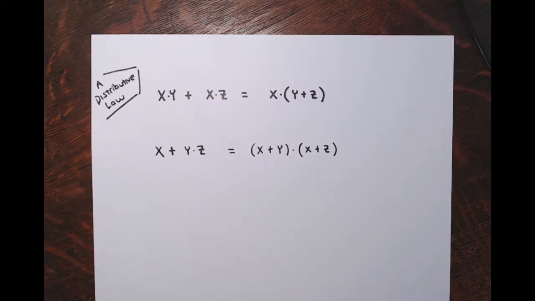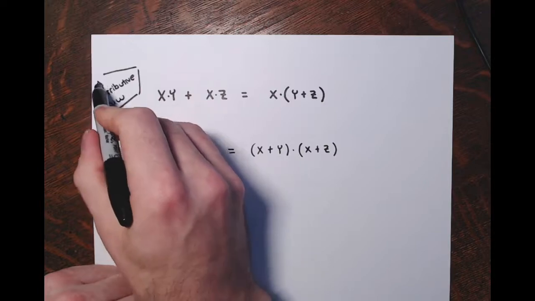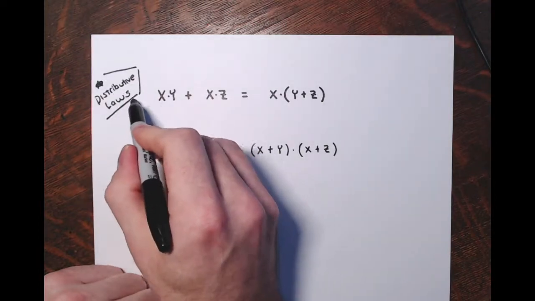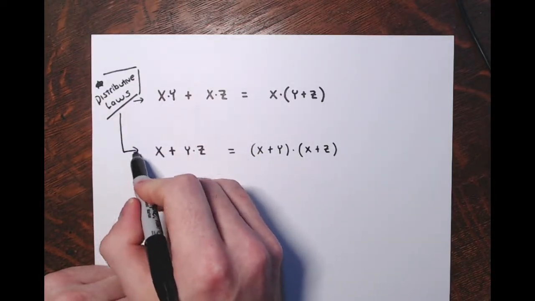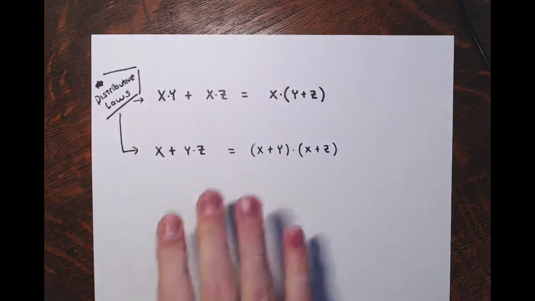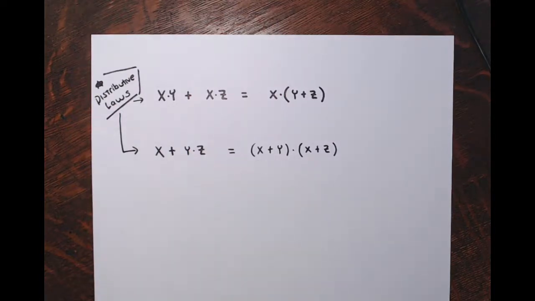It's really weird, but these are both what are called the distributive laws. And you've seen these in propositional logic with ands and ors. You've seen these in sets, with unions and intersections.